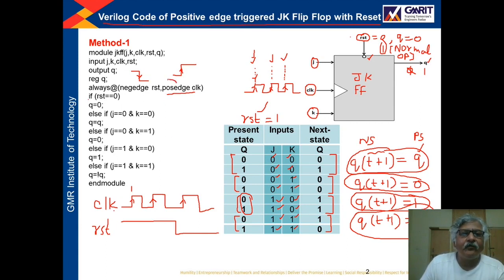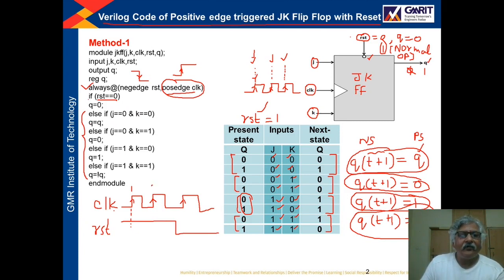Due to posedge CLK, the event occurred in CLK and this edge is detected, so the always block will be activated. Then first RST is equal to 0 will be evaluated. So here you see at this time RST is not 0, it is 1. So since RST is not 0, now the remaining conditions of the J and K inputs will be evaluated, and accordingly some value will be assigned to Q.